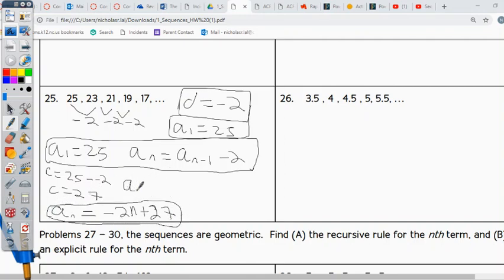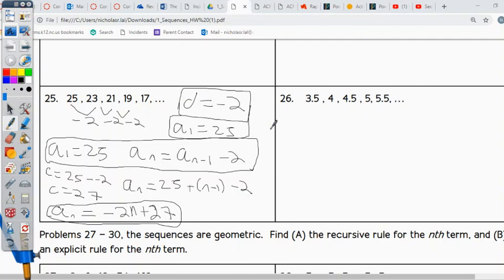An is also equal to 25 plus n minus 1 times negative 2.